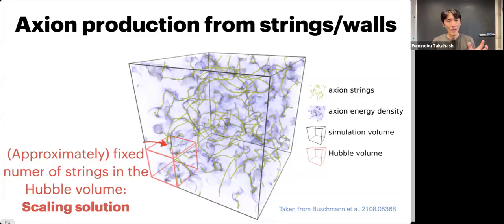And if the average number of cosmic strings contained in the Hubble volume is constant, such a string network is said to follow the so-called scaling solution. Okay.